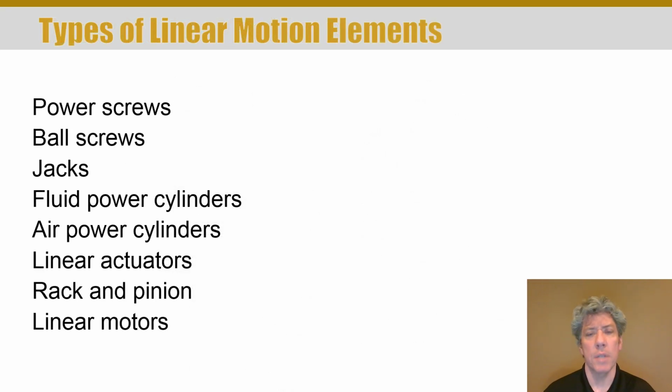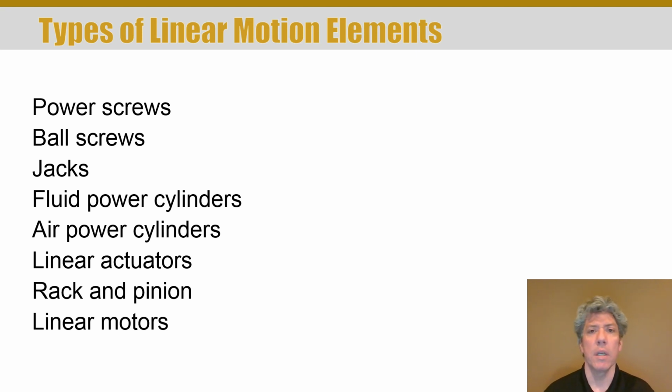There are many types of linear motion elements, of course. One type is power screws, and the square-threaded and acme-threaded and buttress-threaded screws all fall into the category of power screws. There are also ball screws. Ball screws are a type kind of like bearings. We'll talk about those. There are jacks.